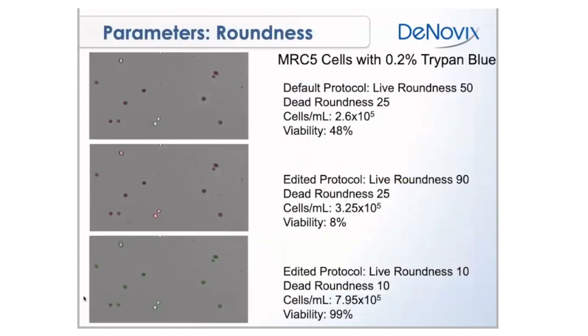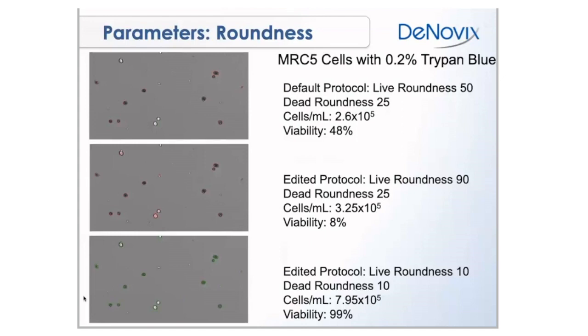So again, the default parameters, your live roundness is 50, so kind of right in the middle, and your dead roundness is 25. We tend to set that one lower for the default because dead cells tend to be less regular.